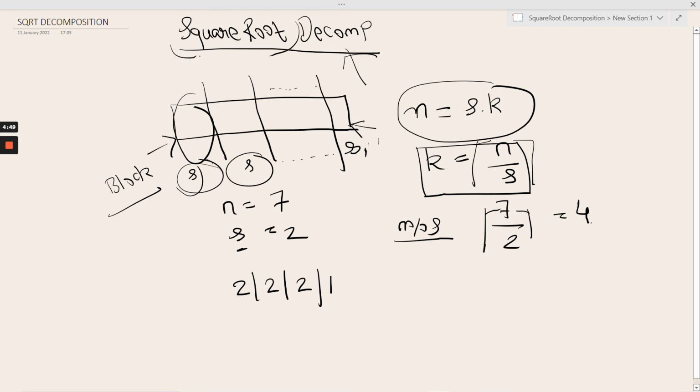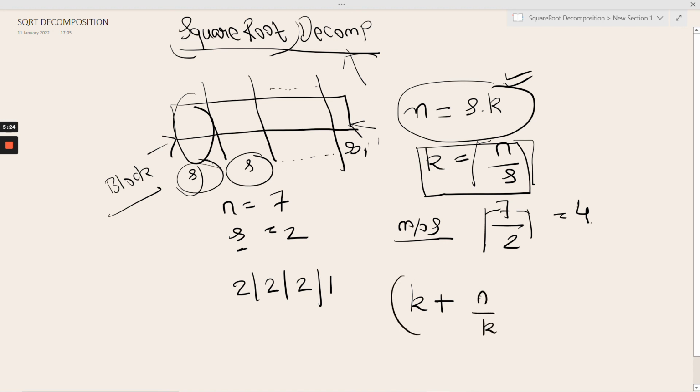So this means that for most of the cases, it's not always, but for most of the cases, you will divide your array into blocks of size square root n. And why is that? Let us say we are going to have k blocks. If we have k blocks, then this equation should hold true, and therefore we are going to have n by k elements in each block.